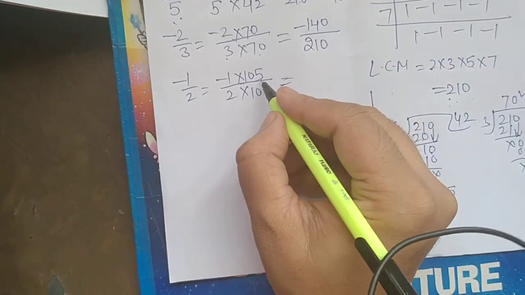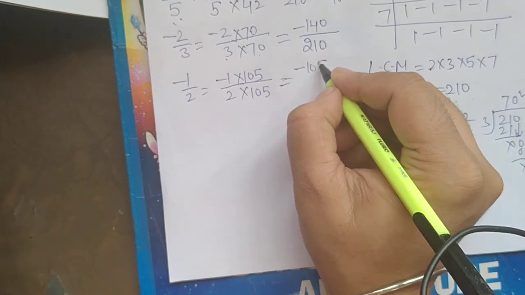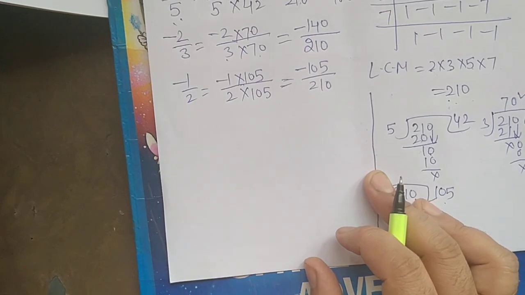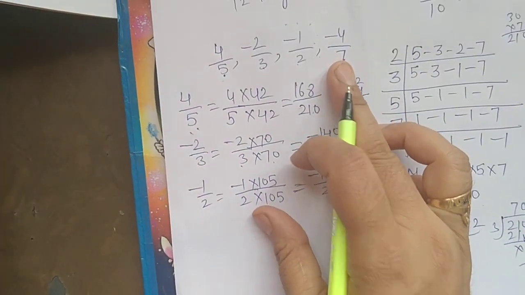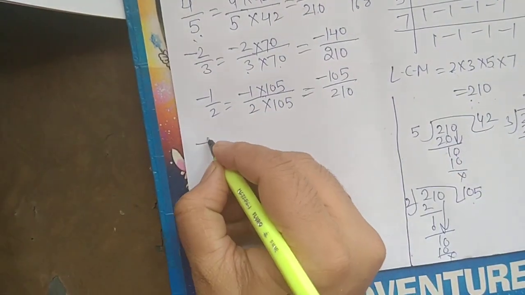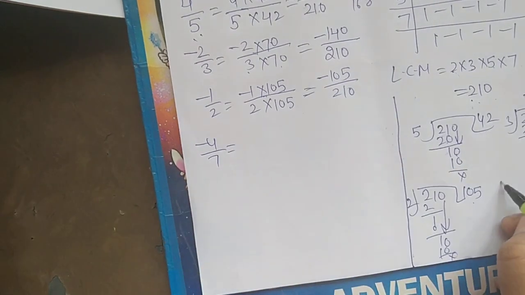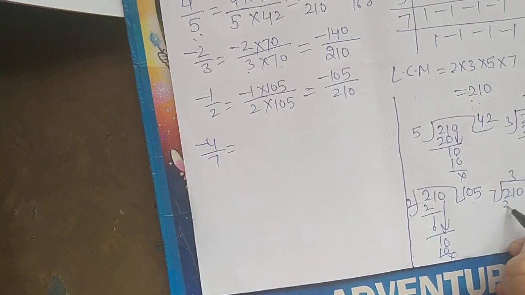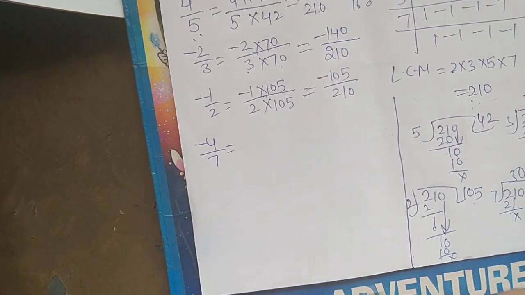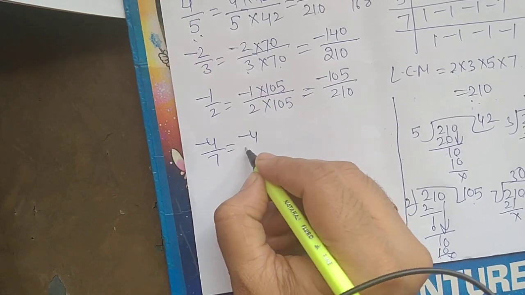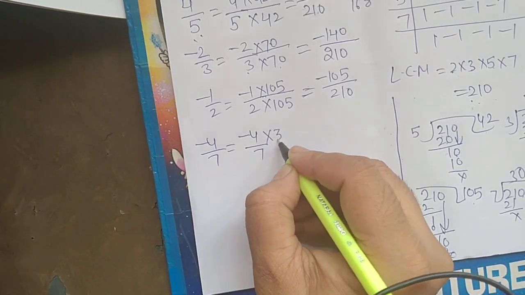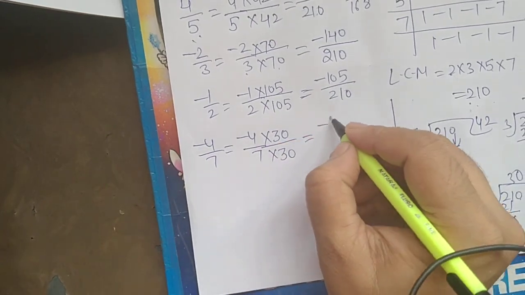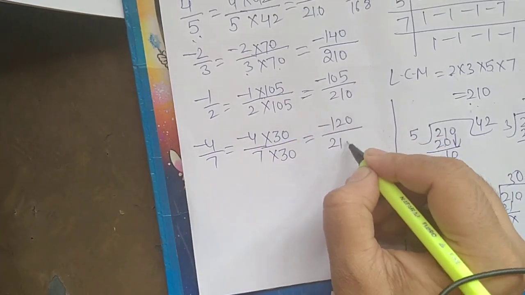So the answer is minus 105 and the denominator will be 210. Next fraction is minus 4 upon 7. Here 210 divide with 7, 7 3s are 21, then this 0 will also come here. So minus 4 upon 7 multiply by 30, also multiply by 30. So minus 120 upon 210.